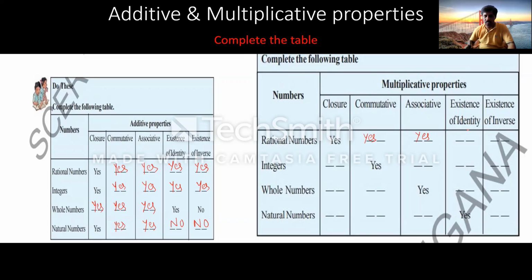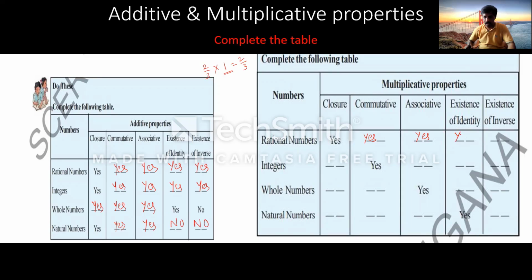Now existence of identity. We know multiplicative identity is 1. So if you take any rational number, 2 by 3, now 2 by 3 into how much will give you 2 by 3? 1. Does 1 exist in rational numbers? Yes.